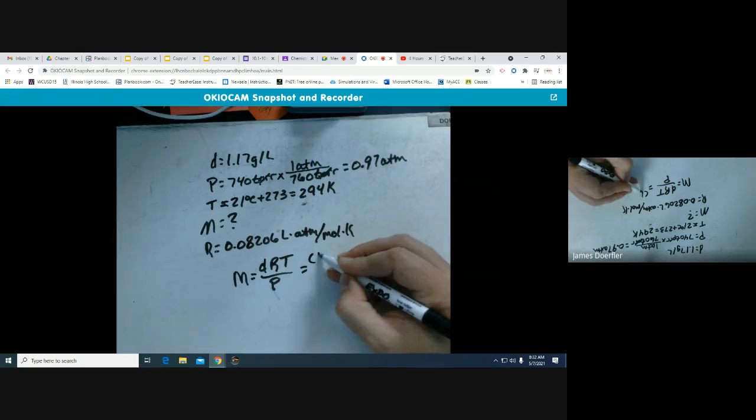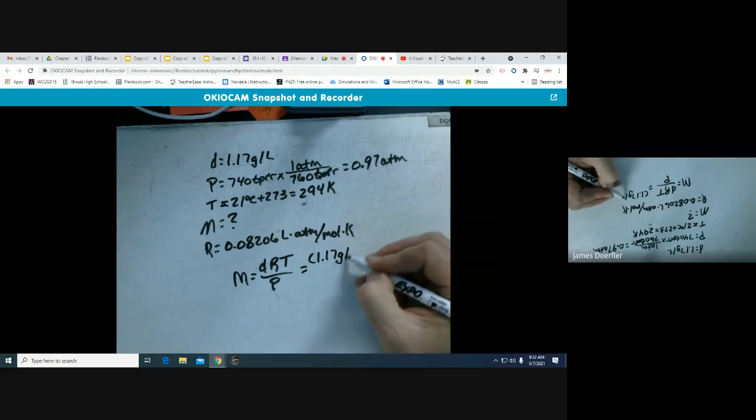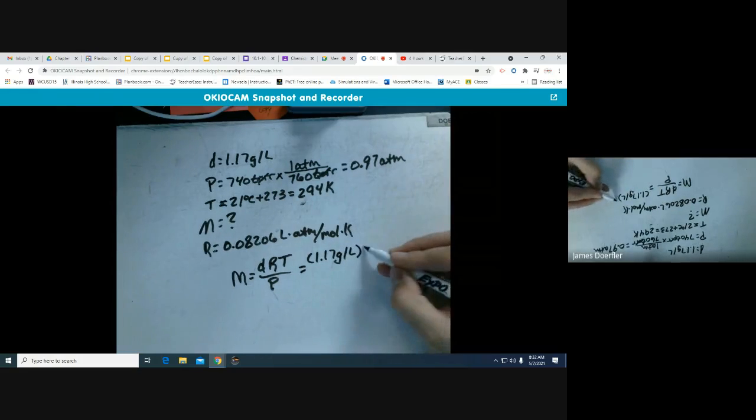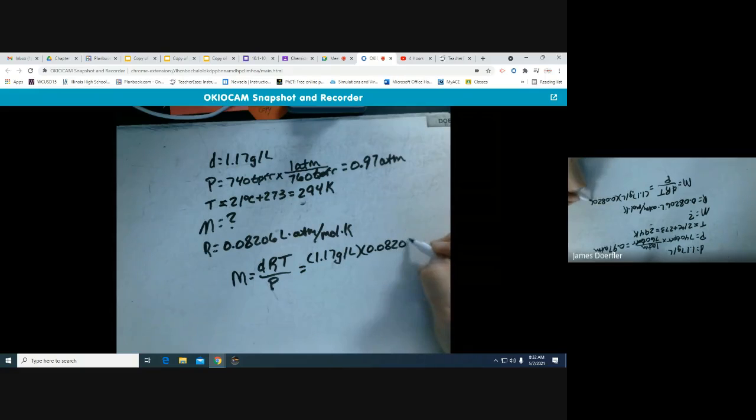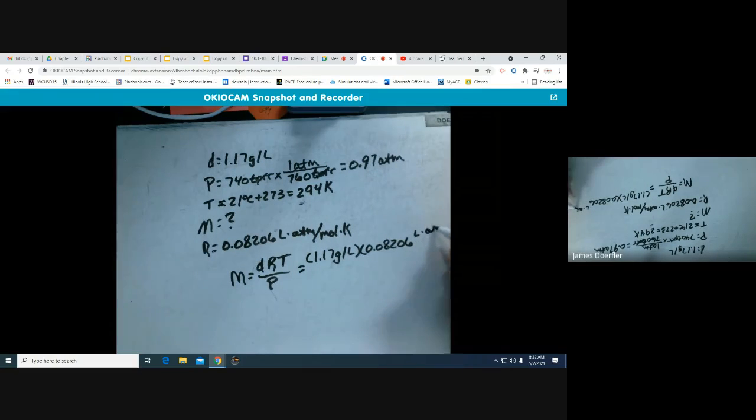So density was 1.17 grams per liter. R again is 0.08206 liters times atmospheres over moles times Kelvin. You can't see what I'm writing.